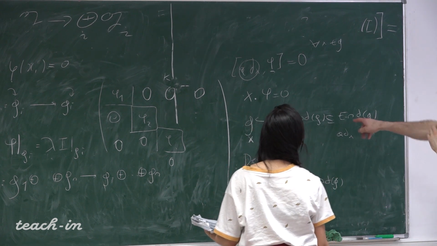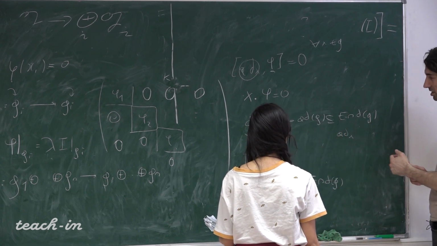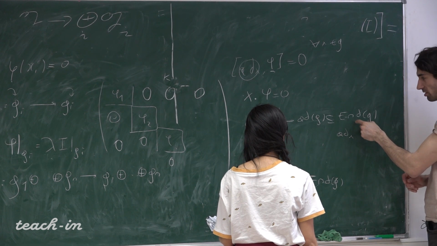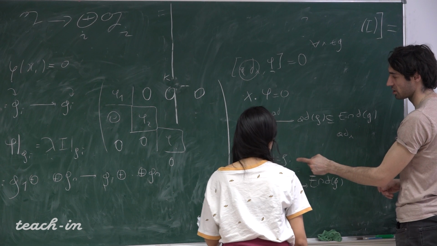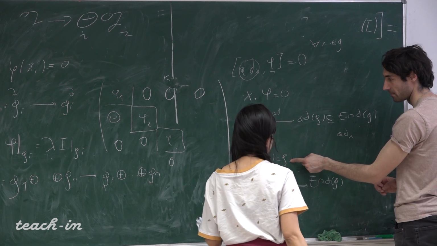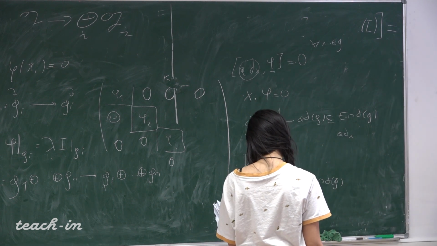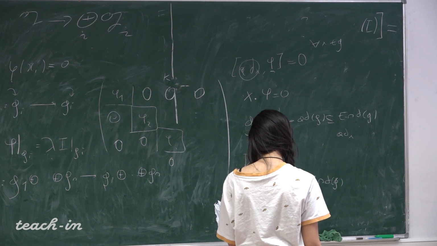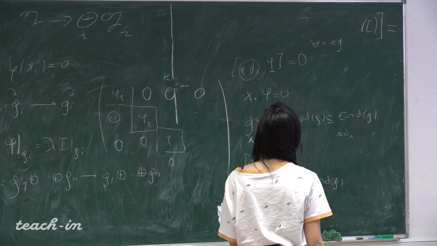If you take the endomorphisms of G and consider some derivations in there, then this is in the image, inside G actually. But how do you want to use that for this problem? I'm not sure.